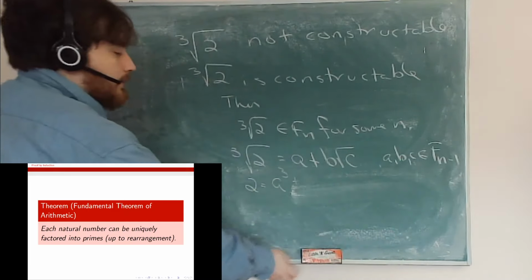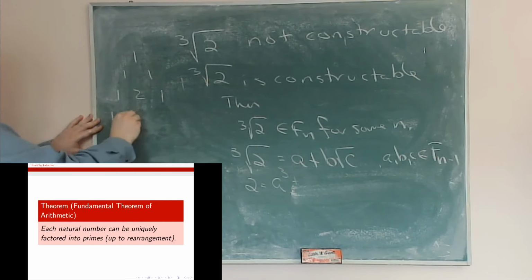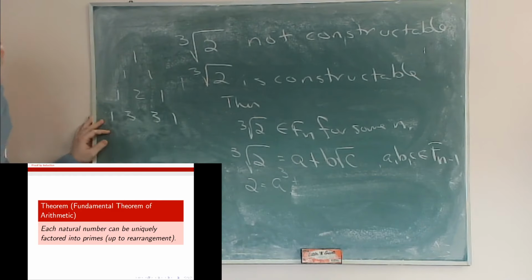I'm trying to do this at the board. I'm going to make mistakes. I'm going to use my Pascal's triangle. There we go. That was the problem. I was trying to add an extra term in, but it should be 1, 3, 3, 1.